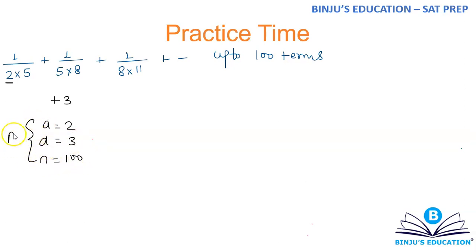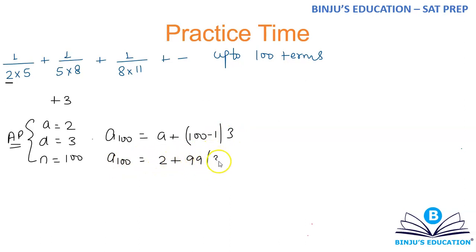So this is more or less like an arithmetic progression, where a_n is equal to a plus (100 minus 1) into 3. So 2 plus 99 into 3, that is equal to 299.